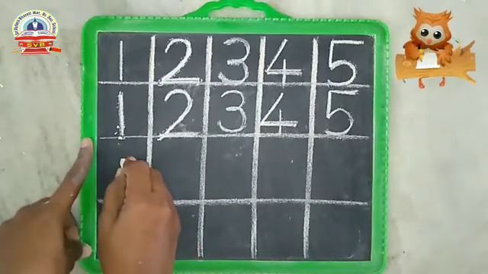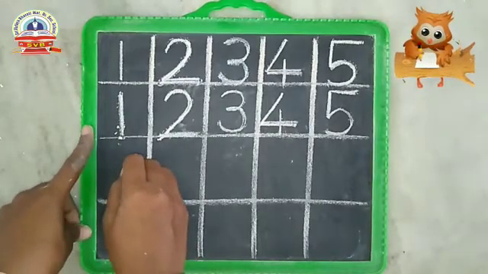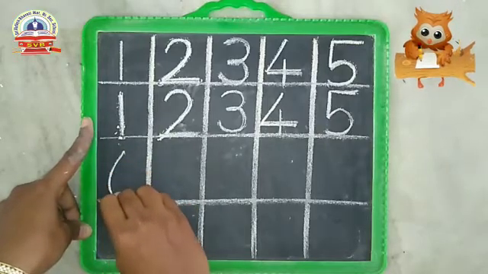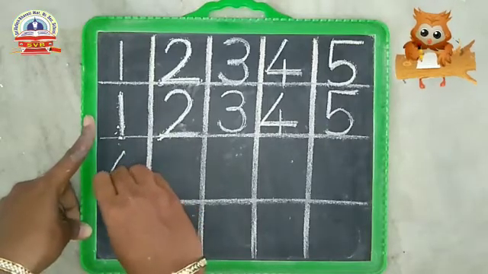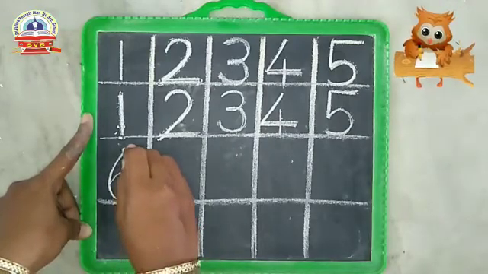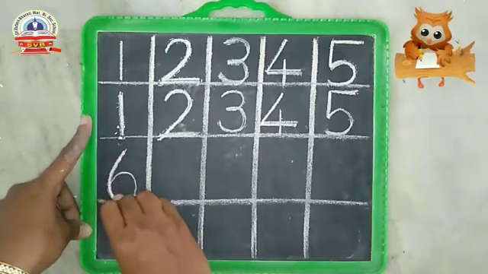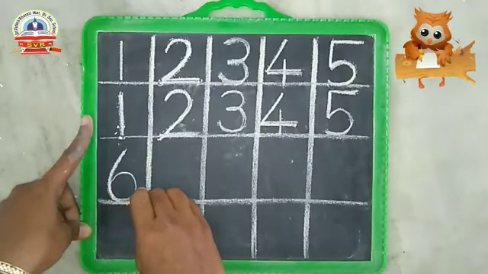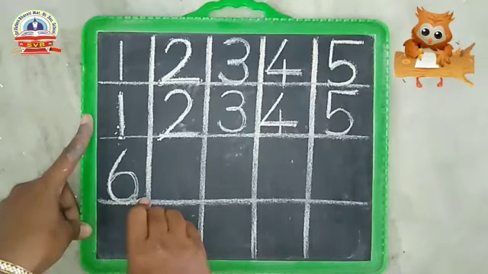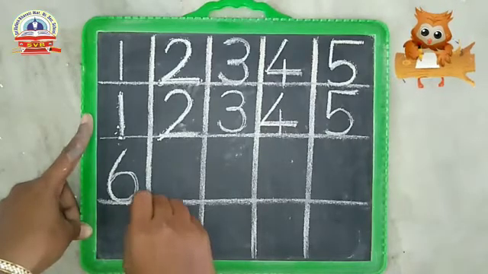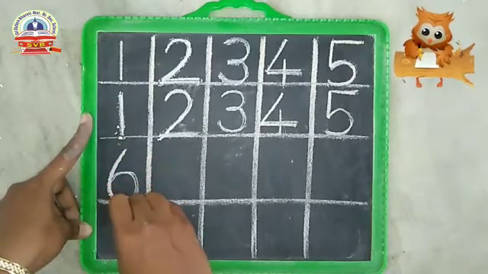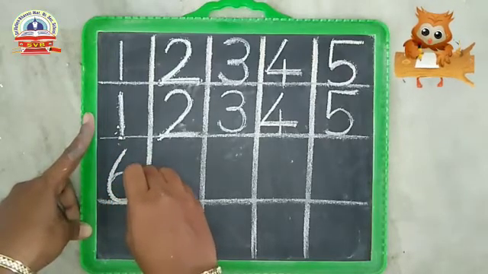See here. Right curve should come down and bend. This is number 6. Write again. Right curve should come down and bend.